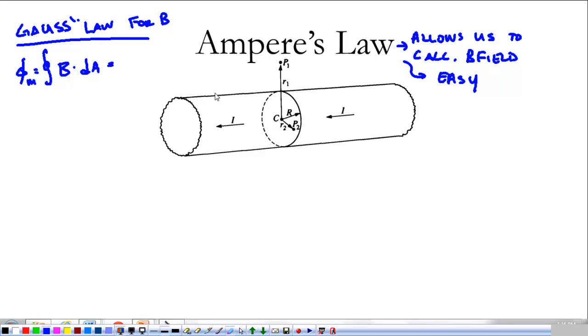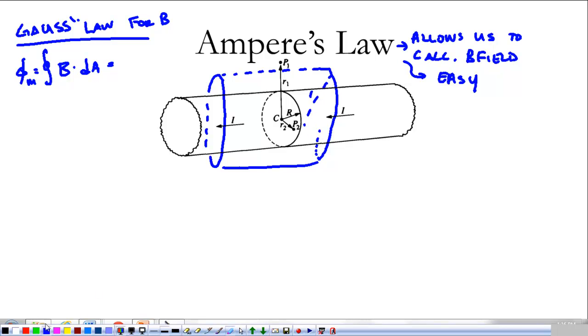So we would construct our same cylinder, a Gaussian cylinder around this thing, but looking at the magnetic field from it, I guess we'll do that in red.